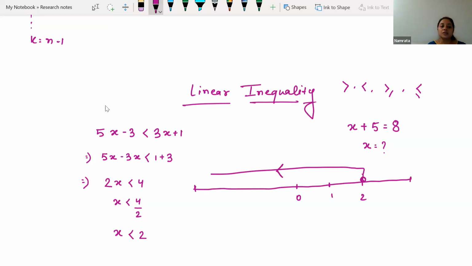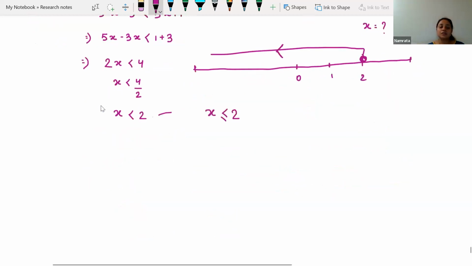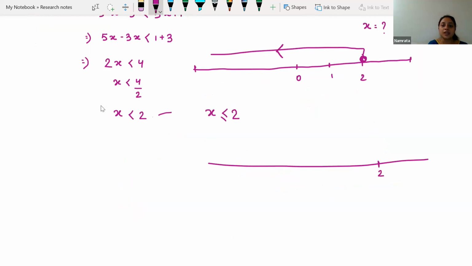Now whenever it is smaller than 2, we take an open circle, because it is not touching 2. But if instead our answer would have been x is smaller than or equal to 2, then our real line representation will look like this. Here is 2, and here you have to take a filled circle, that is a solid circle, not a hollow circle.